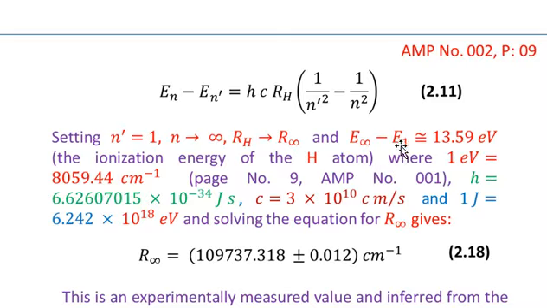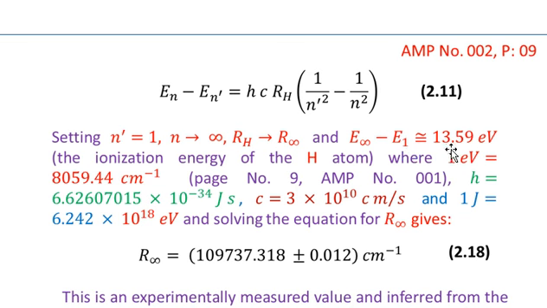So the difference of energy, E infinity minus E1, that is the difference of energies between the state when the electron has ionized and the state when the electron is in state 1, experimentally is found to be equal to 13.59 electron volt.